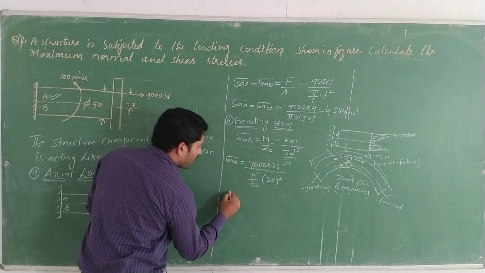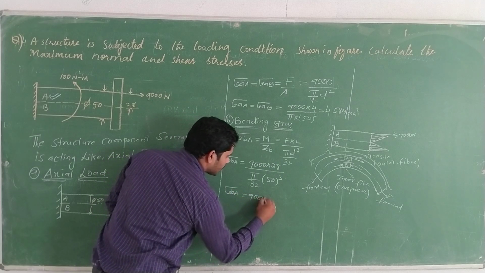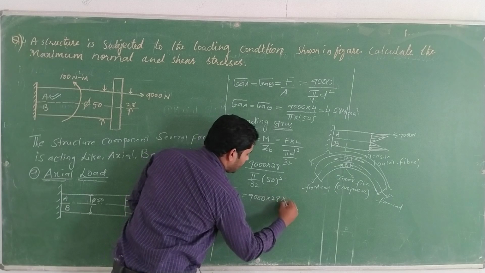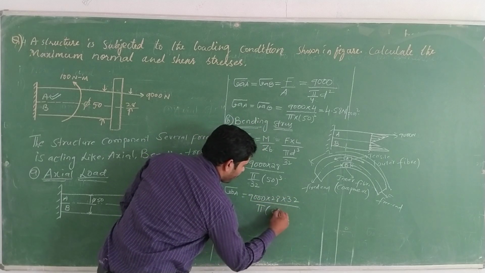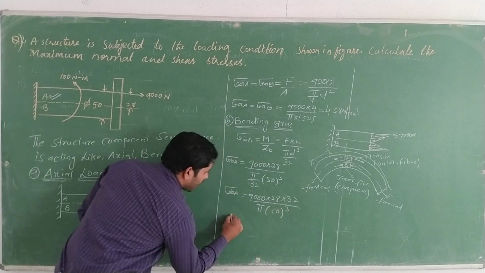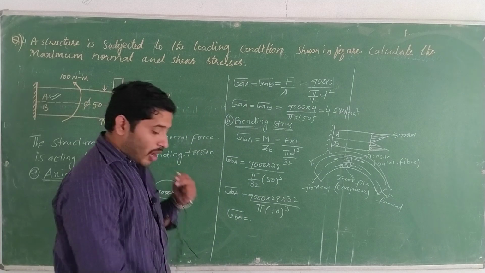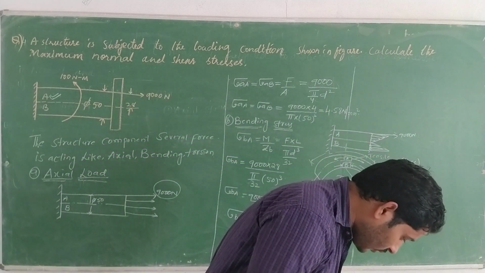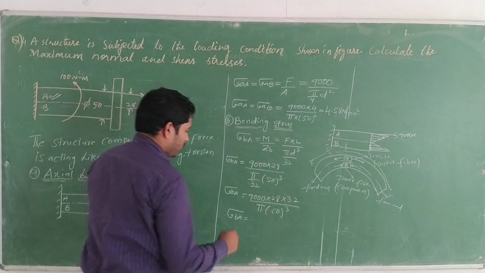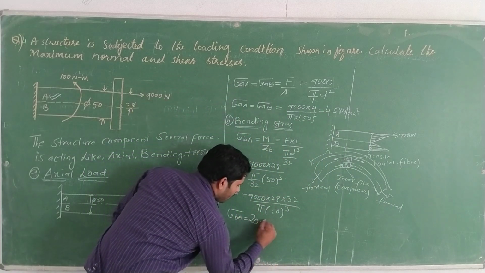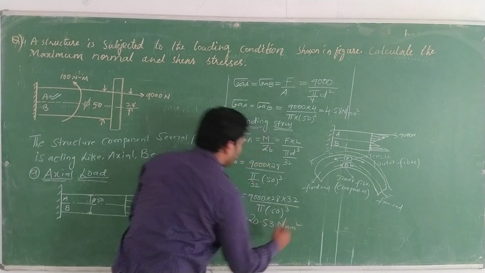If it is moved above, sigma BA is equal to 9,000 into 28 into 32 by pi into 50 whole cube. Then you will get the answer with the help of the calculator. I am getting 20.53 Newton per mm square.